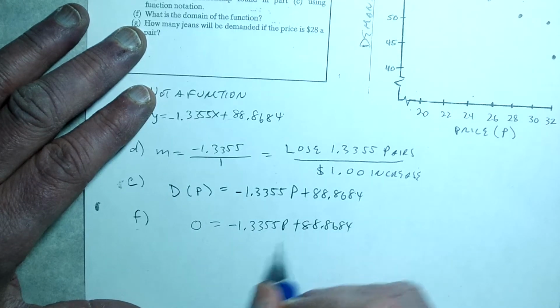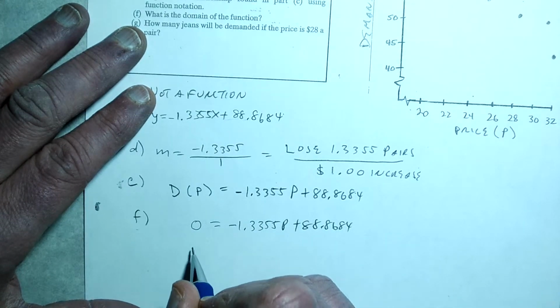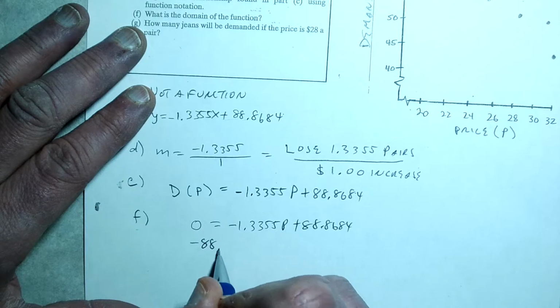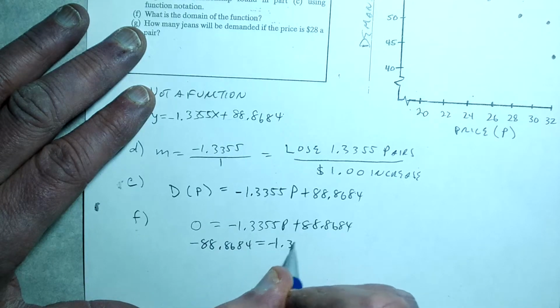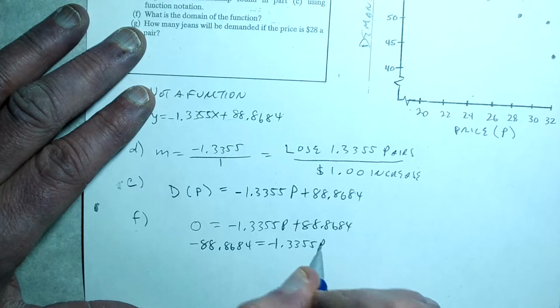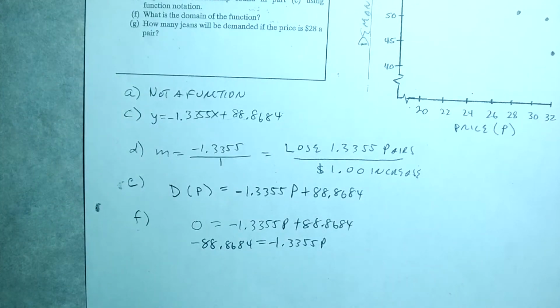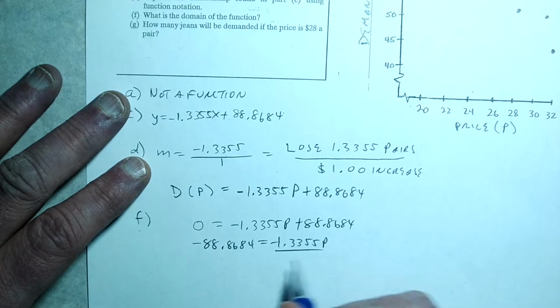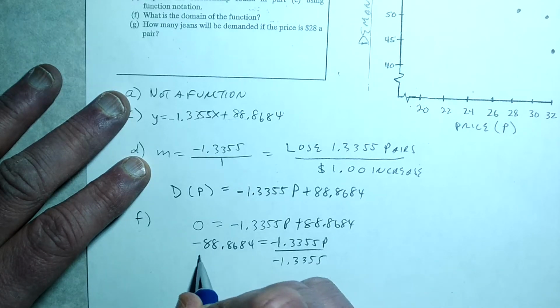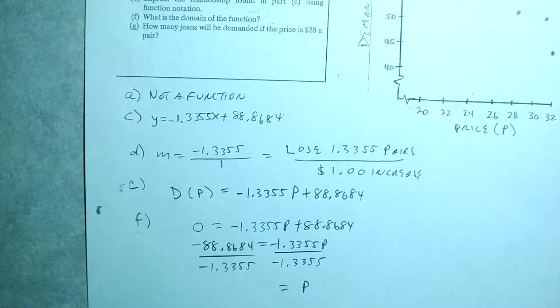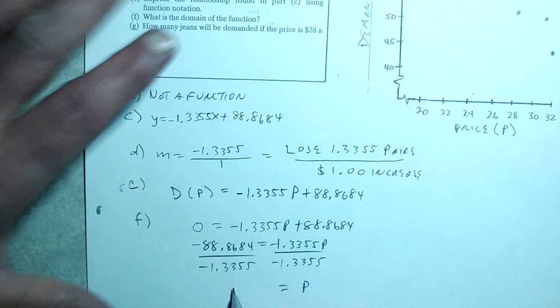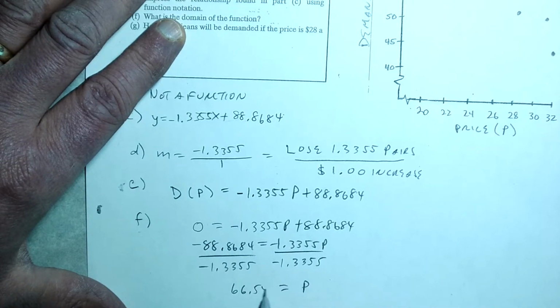So I'm going to go ahead and subtract the 88.8684 to the other side. I'm going to go ahead and divide by negative 1.3355. And that answer approximately turns out to be $66.54.